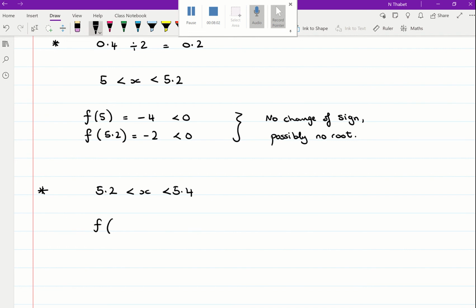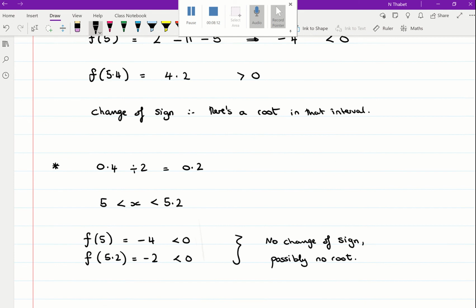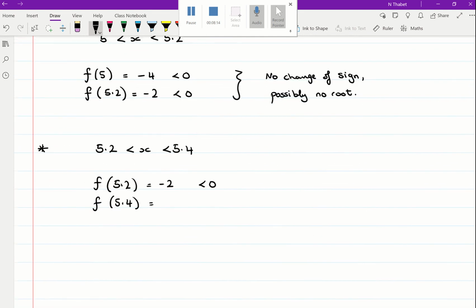So I've got 5.2, which I know gives me negative 2, smaller than 0. And I'll put 5.4, which I've also calculated previously, 4.2. So that's bigger than 0. So that's a change of sign.